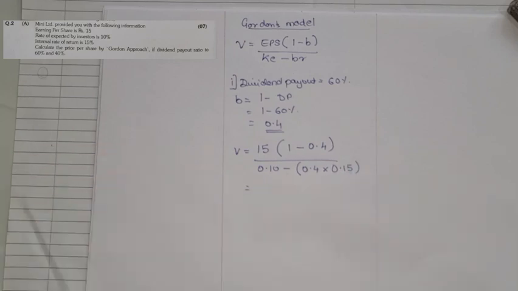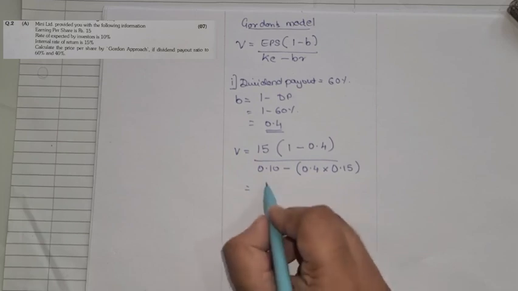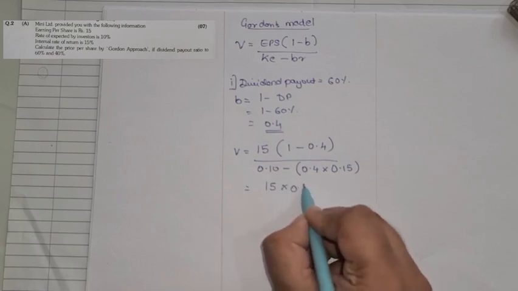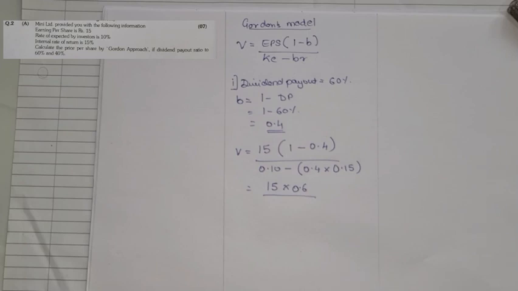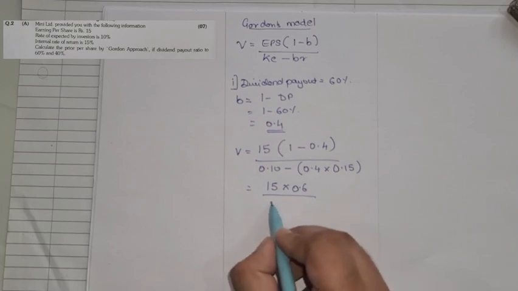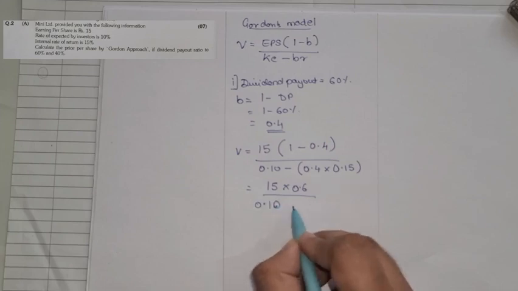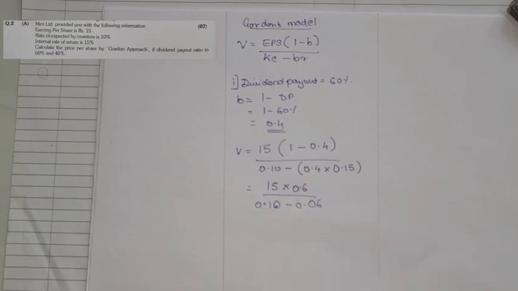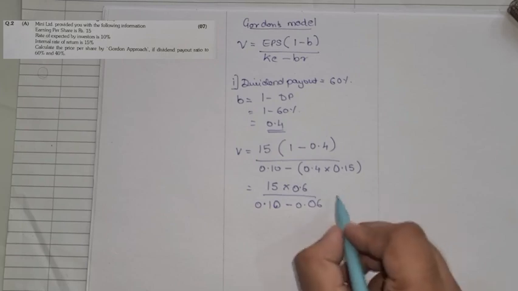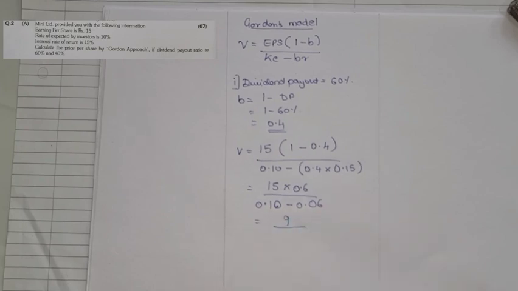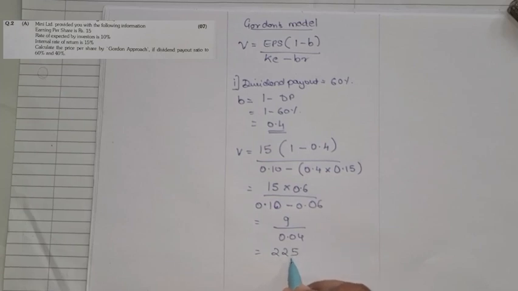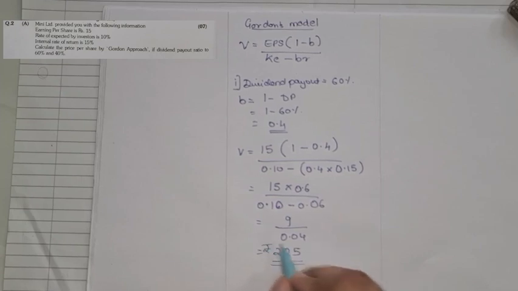So now this will become 15 into 1 minus 0.4 is 0.6, so 15 into 0.6 upon 0.10 minus 0.4 into 0.15, that is 0.06. 15 into 0.6 is 9 and 0.10 minus 0.06 is 0.04. So finally 9 divided by 0.04 will give you my value of share, which is 225 rupees.